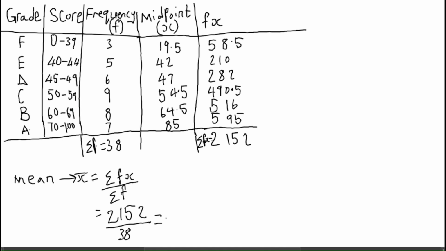So if we take 2152 divided by 38, we have 56.63. And that makes sense since most students had a C on the test. So the mean score of this data set is equal to 56.63. So this is how we can find the mean of grouped data.